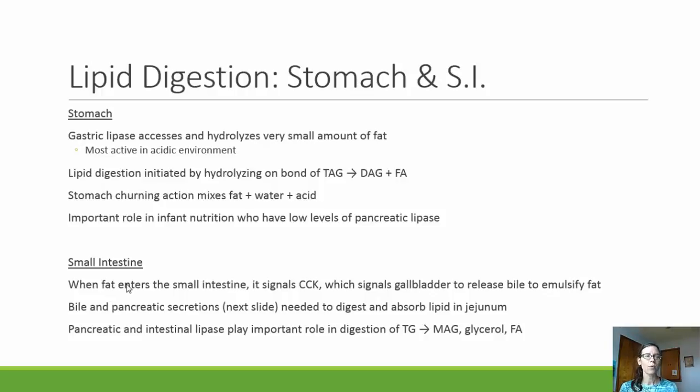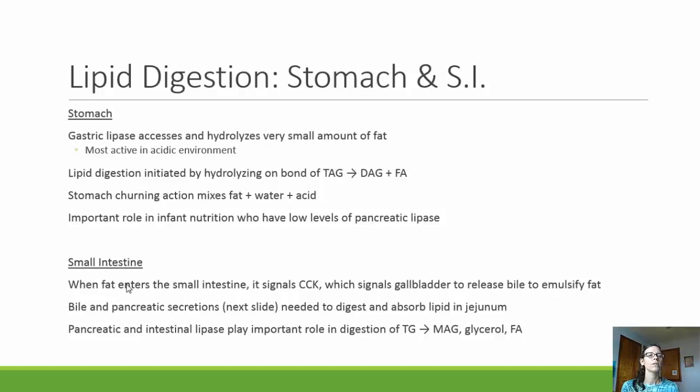So in the stomach, we have gastric lipase that does hydrolyze a small amount of fat, though much less than we'll see occurs in our small intestine with the help of our pancreas. But it does help start to break down the fat, and actually it can compensate if an individual has deficiencies of other lipases lower in the digestive tract.